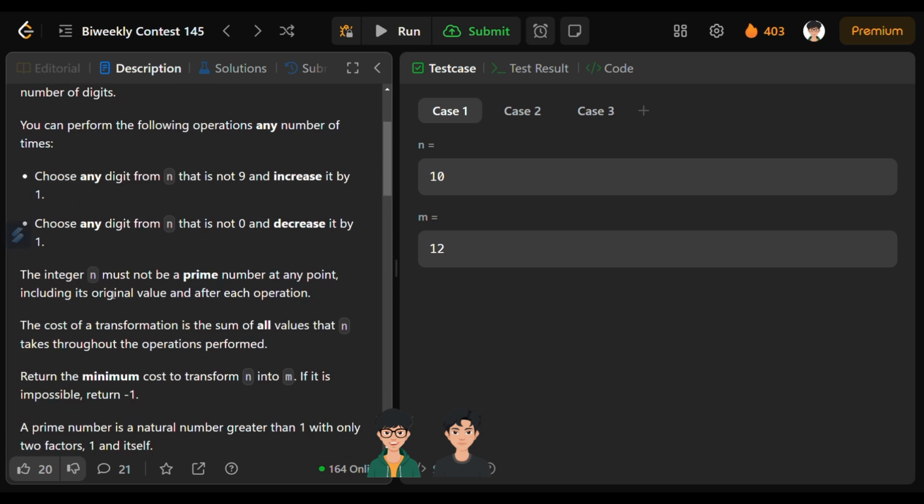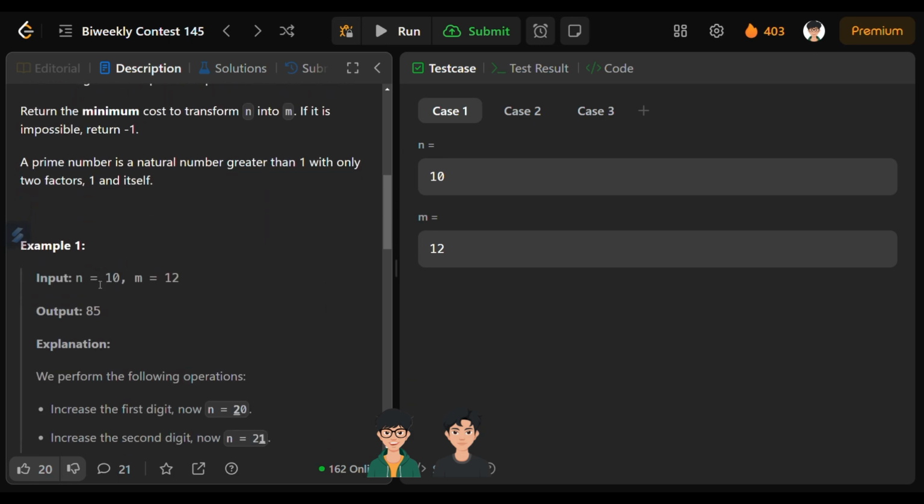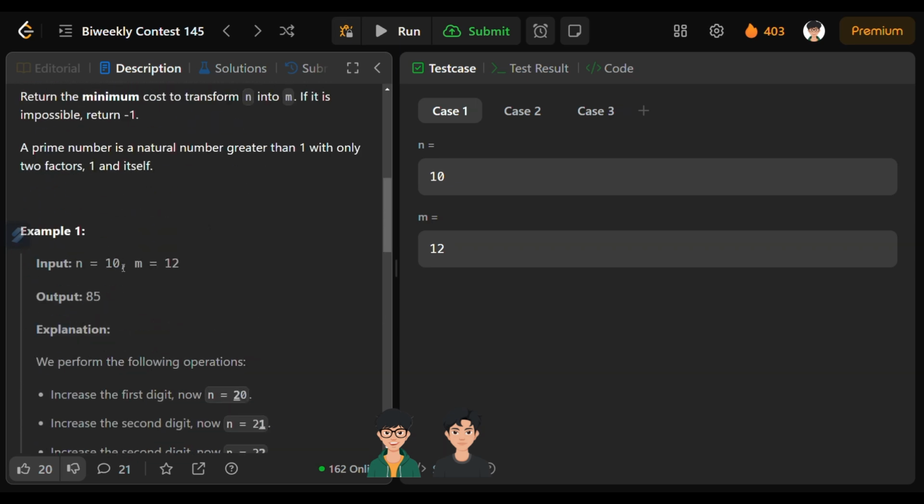What is the important condition? Let's say we have a number n and we change any digit. For example, let's take example 10, the first test case.